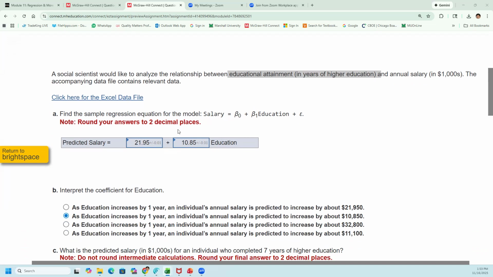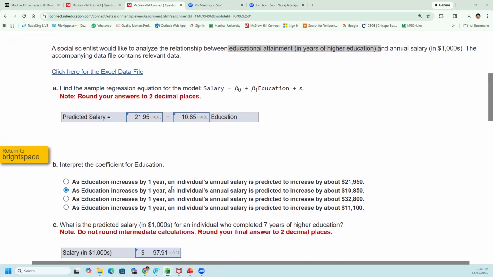So the coefficient for education is 10.85. That basically means with every year of education, the salary of an individual is predicted to increase by $10,850. This 10.85 is in thousands. So be careful about the units that are being used. So 10.85 is basically 10.85 thousand or 10,850.